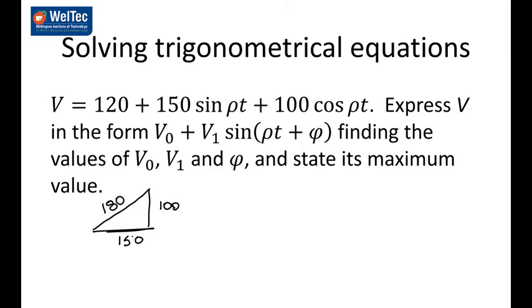And we can work out what alpha is. Alpha is going to be the inverse tan of 100 over 150, which would be 2 over 3. So alpha is going to be 0.588.